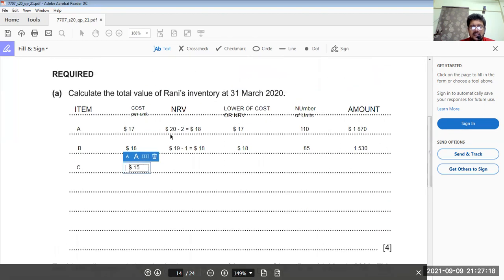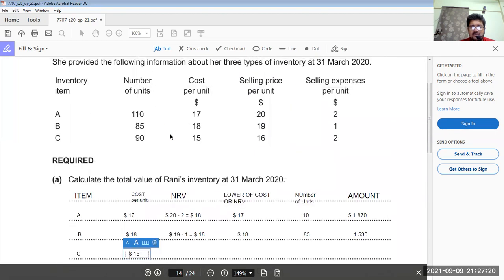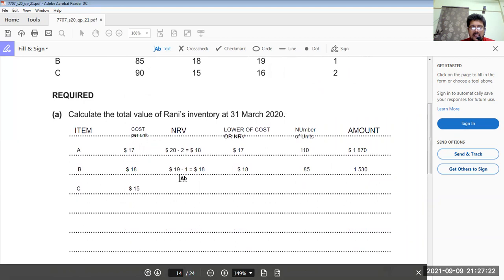Come to NRV. Selling price is 16 minus 2, the selling expenses, and the NRV is 14.